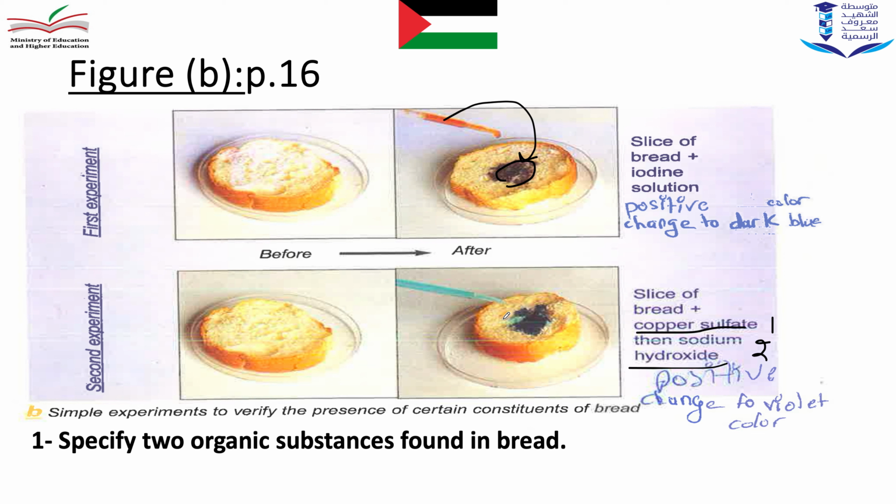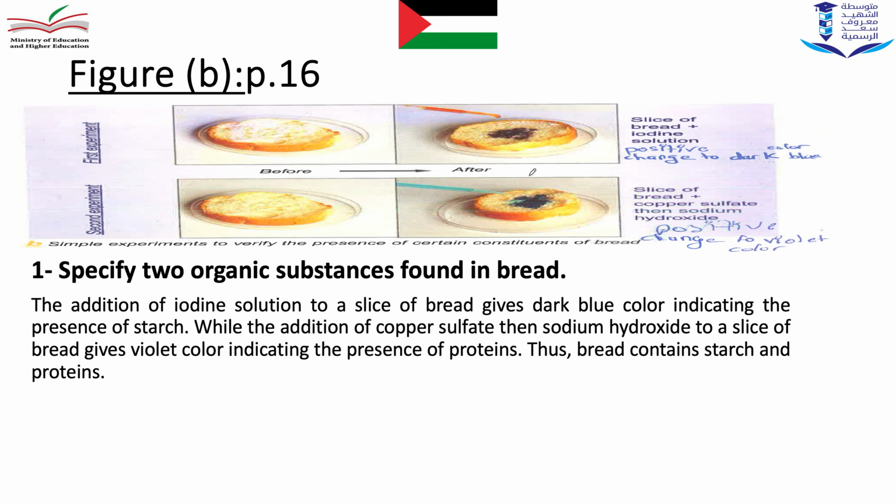So in this case we are carrying out a biuret test to check the presence of proteins in the bread, because the blue color turns into violet. So from blue into violet means there are proteins. From brown orange into dark blue means there is starch. So the addition of iodine solution to a slice of bread gives dark blue color, indicating the presence of starch.